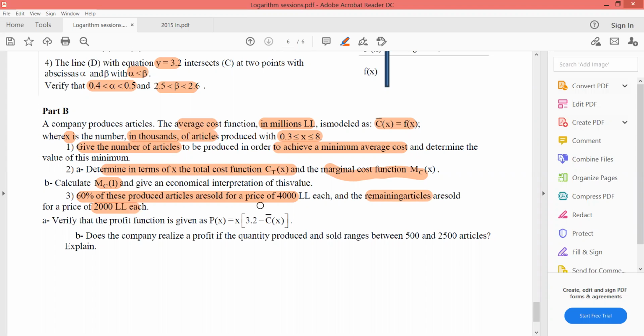How to verify that the profit function is given by that? How to determine the profit?